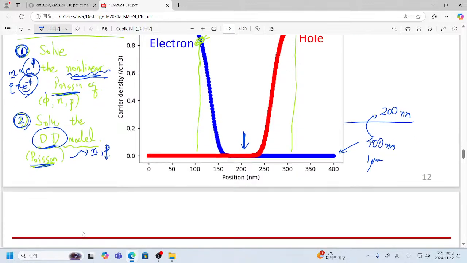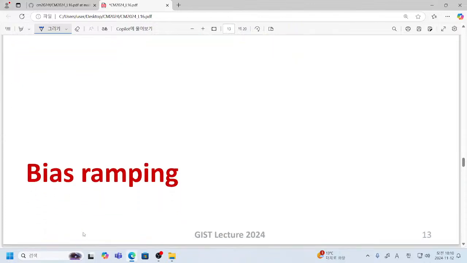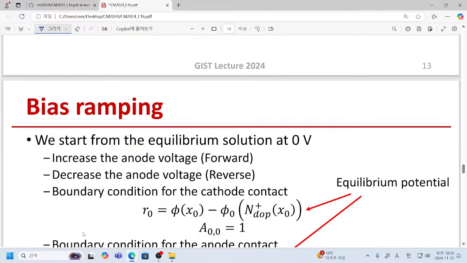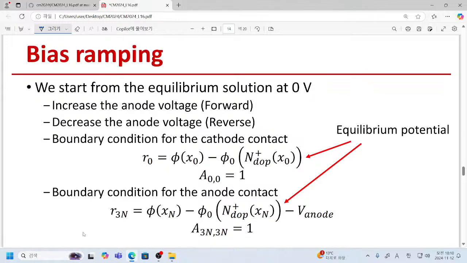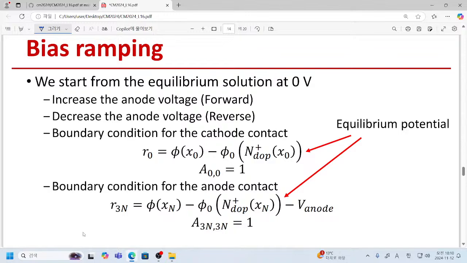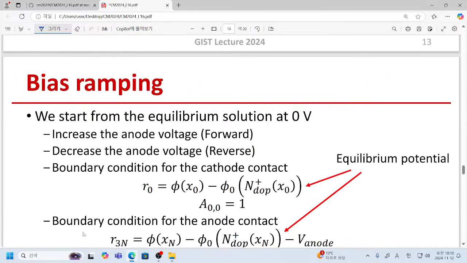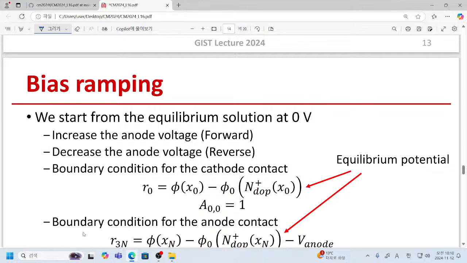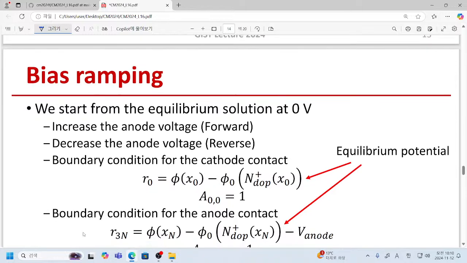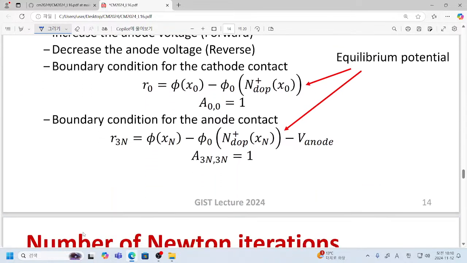But the point is, now the equilibrium or non-equilibrium case can be solved by the drift diffusion model. So please also solve the drift diffusion model at non-zero bias condition. So you can just do it.